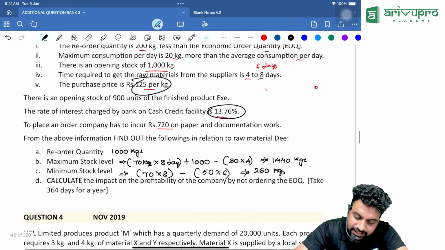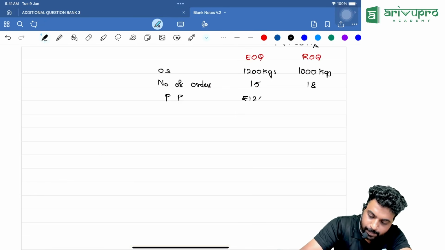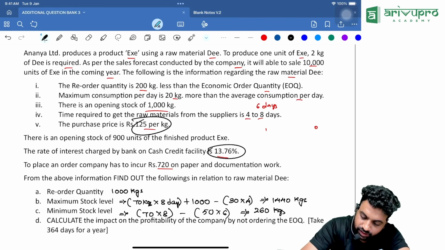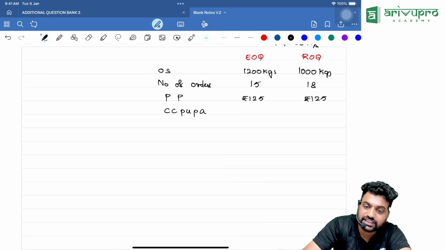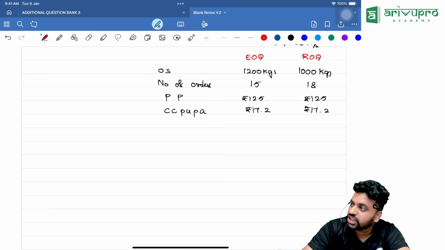How much they are telling? 125 per kg. Carrying cost remains same, no? How much they are telling? 13.76. Correct? Carrying cost per unit per annum. 13.76 of 125 is how much? 17.2. Let's compute the cost now.